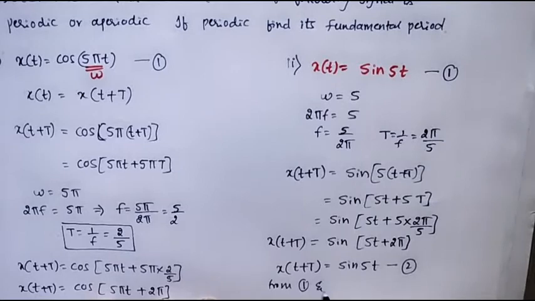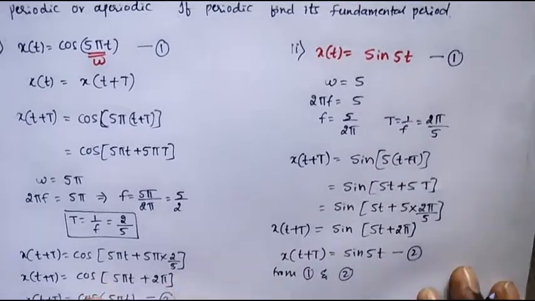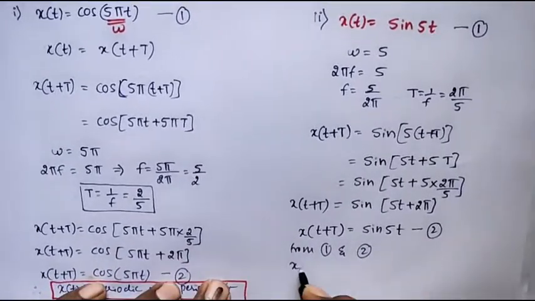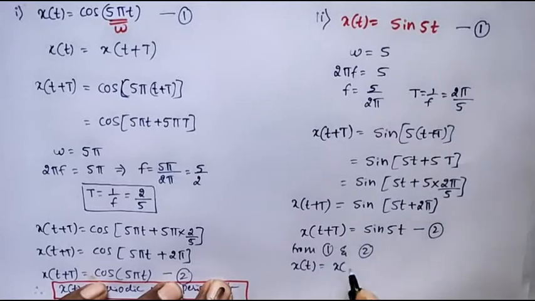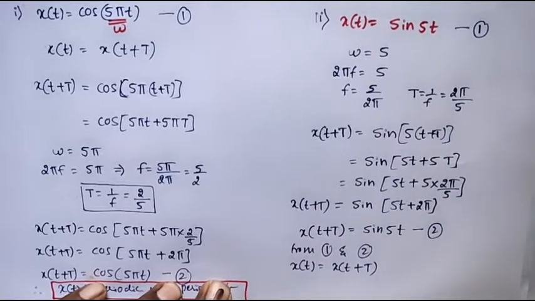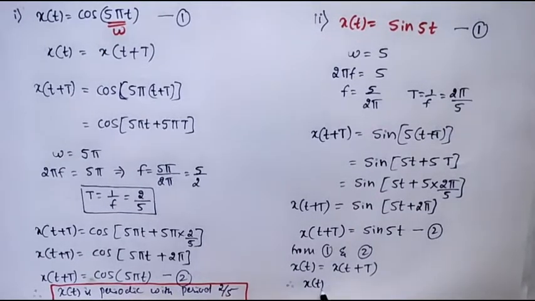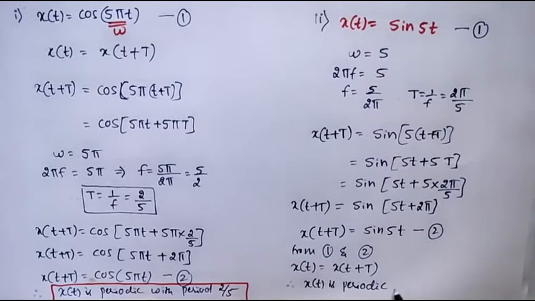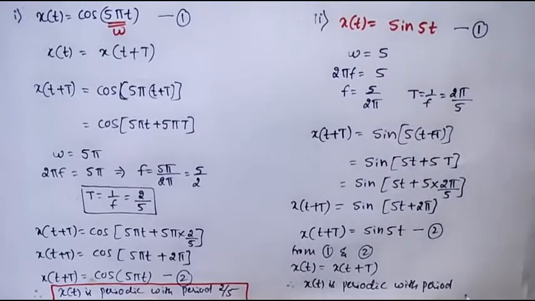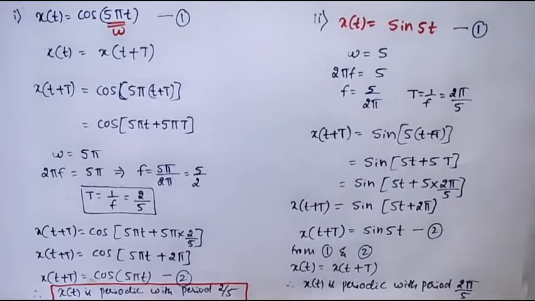From 1 and 2, x of t is equal to x of t plus T. Therefore x of t is periodic with period 2 pi by phi u.